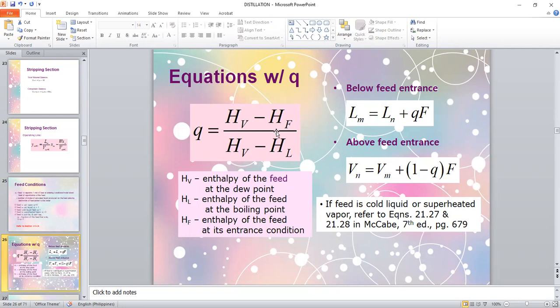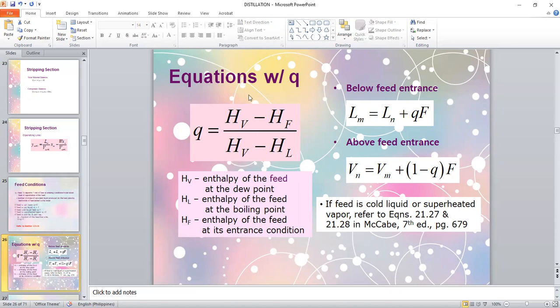The difference of the enthalpy of the feed at the dew point minus the enthalpy of the feed at the entrance condition. H sub V minus H sub F, whereas in the denominator, you have the difference between H sub V and H sub L, where H sub L is the enthalpy of the feed at the boiling point.